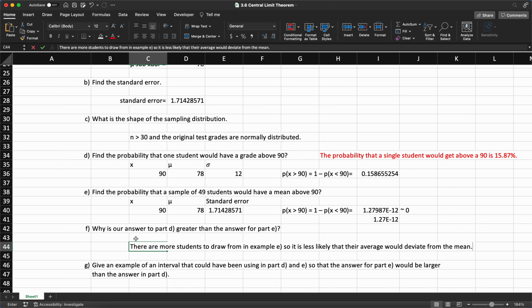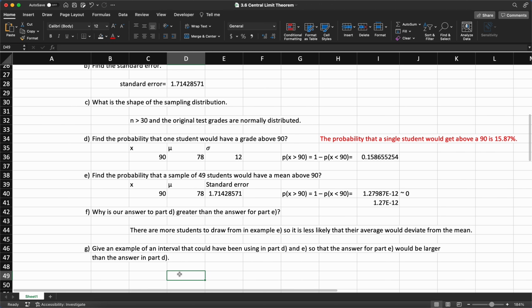But what can we do? How can we make it so that in part E we have a greater probability than in part D?